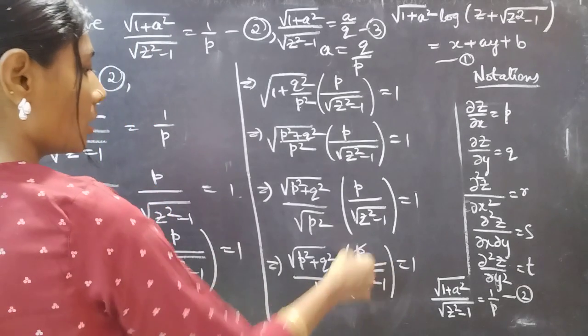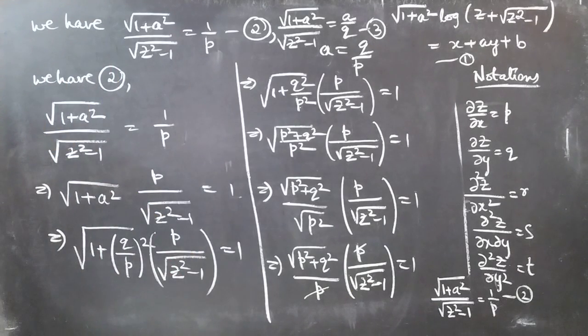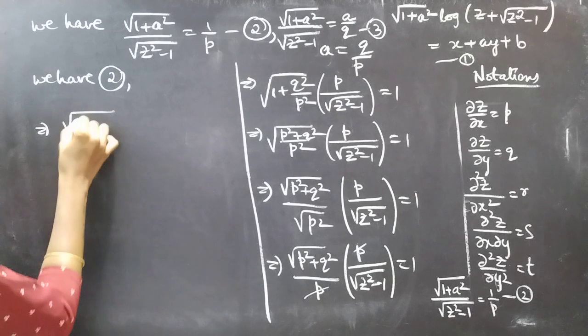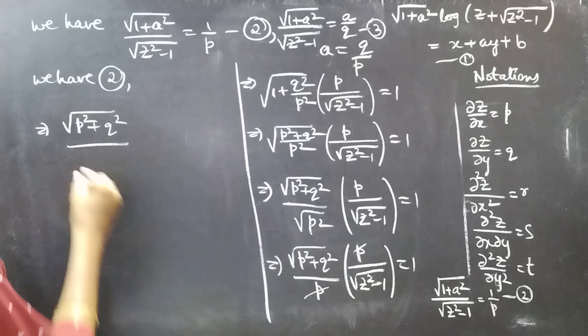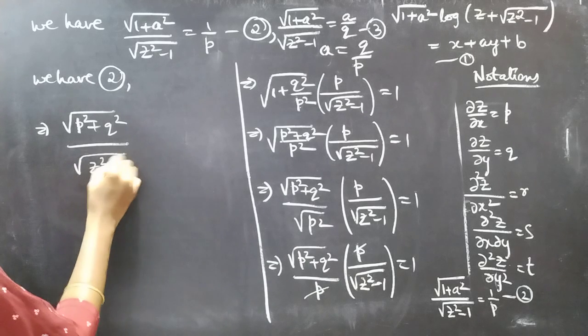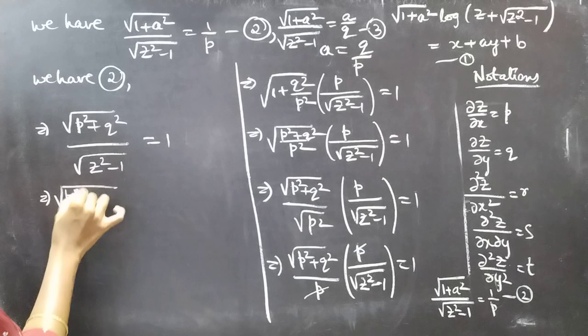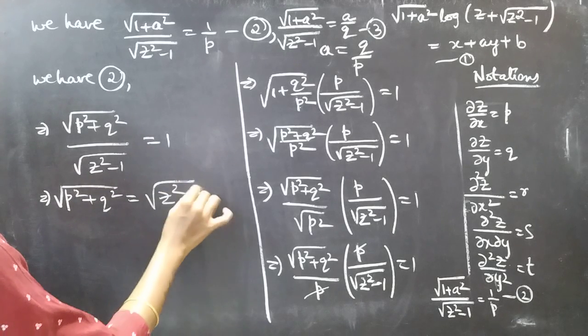We can cancel p here. Now we have square root of p square plus q square by square root of z square minus 1 equal to 1, right? Or we can write this as square root of p square plus q square equal to square root of z square minus 1.